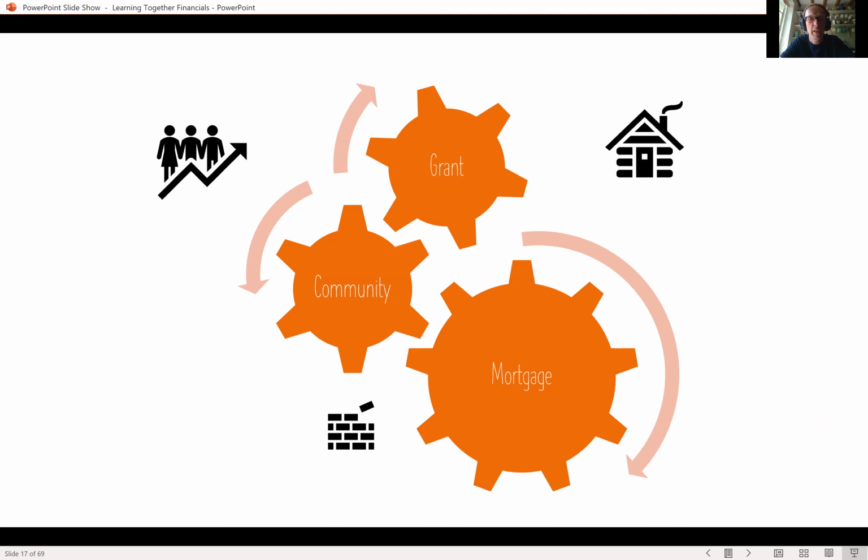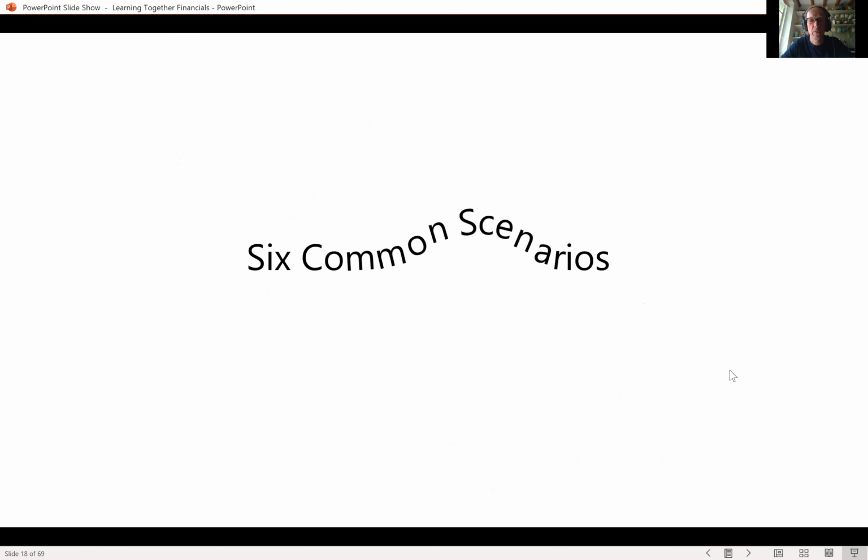In Wales, it's 58% social housing grant. That isn't available to community groups that aren't working with registered social landlords, so they're going to have more money from elsewhere. So the size of these cogs will vary, but in a broad brush, that's where much of the money is going to come from in different community-led housing projects.